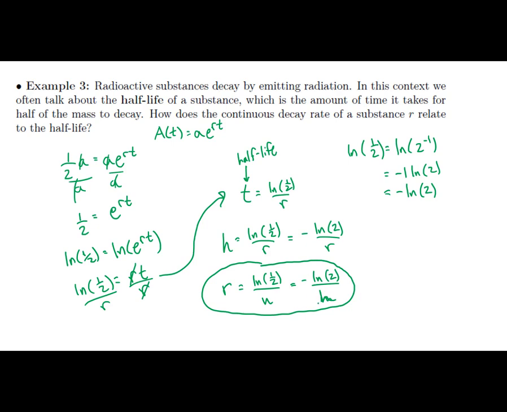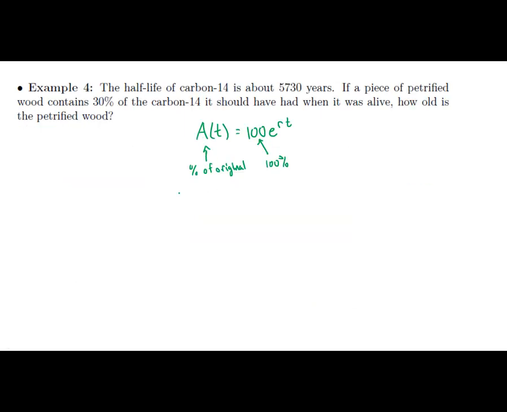I kind of like this one, though, because it reminds me that it's decay by having the negative out front. So I'm just going to jump straight to saying A of t is 100 e to the negative natural log of 2 divided by the half-life, which they told me is 5,730 years. And then, of course, I multiply by t.